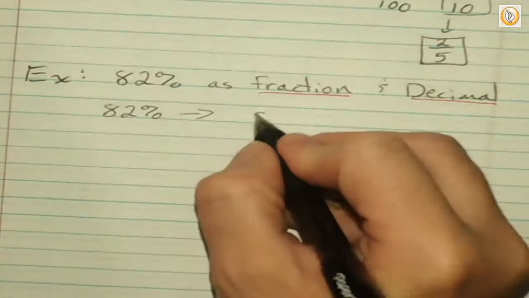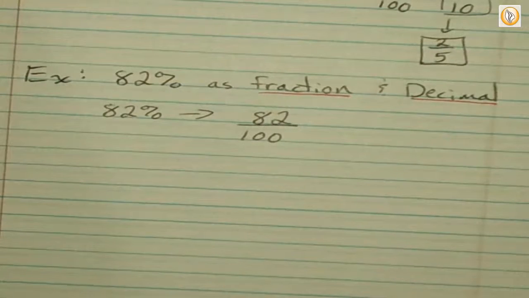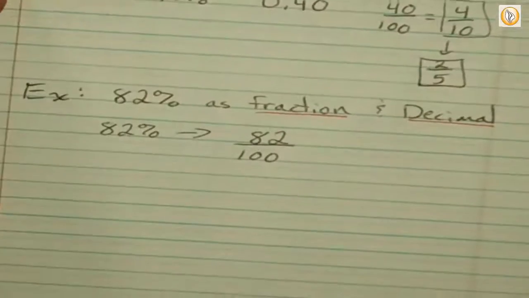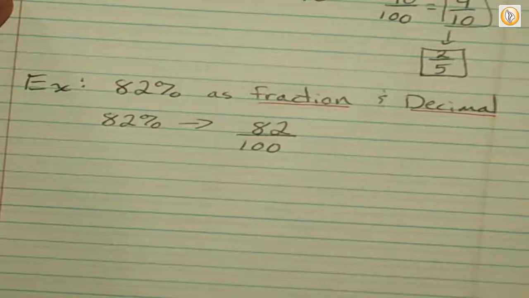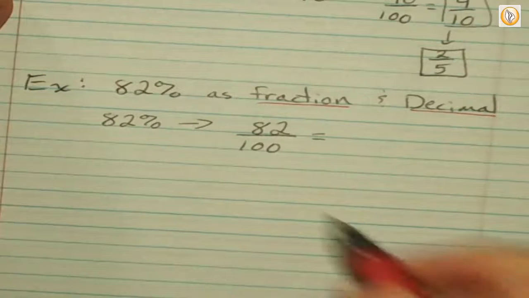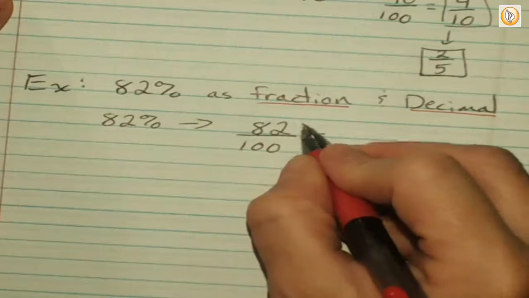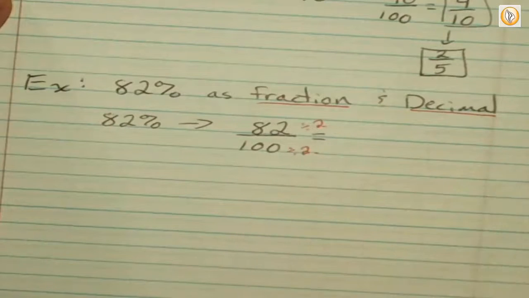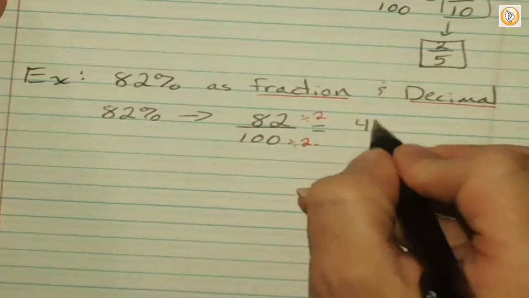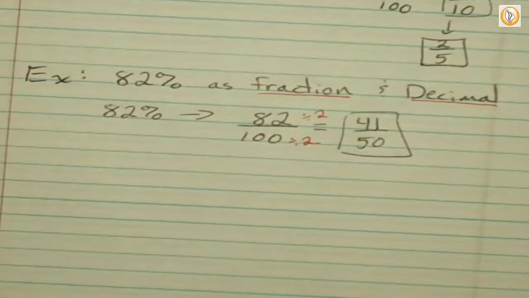Put 82 over 100. Over 100, guys. Always, always, always. When you deal with percent, put it over 100. Now, we have to reduce it. How did you get 41 over 50? Divided by 2 on top and bottom. We're reducing, simplifying, so that becomes 41 over 50. That's how you change it to a fraction.